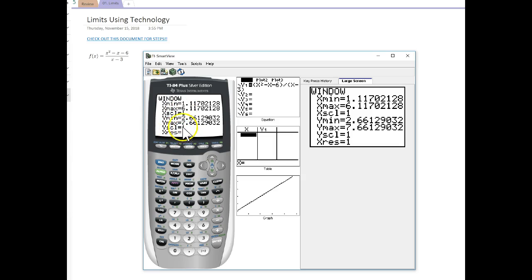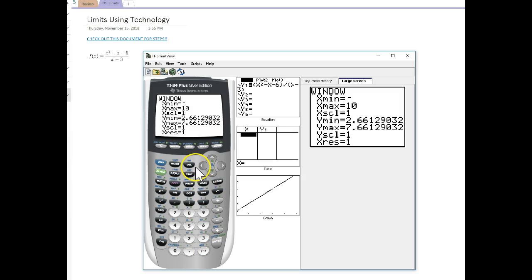Why is it not letting me do that? Oh, it's having an issue with subtracting. You have to use this negative button. Sorry, I was using my keyboard here.